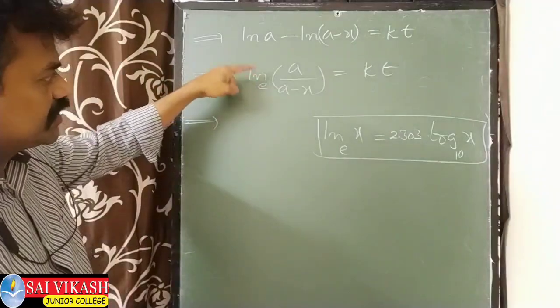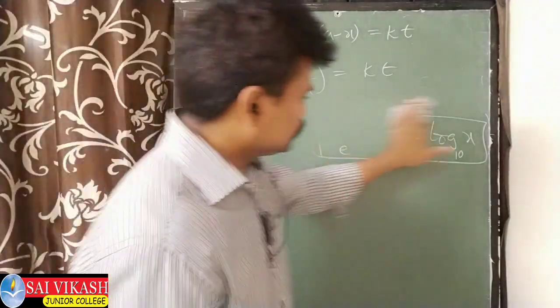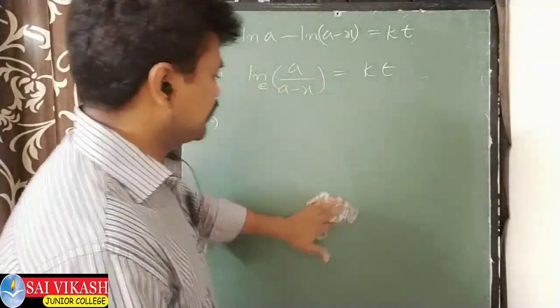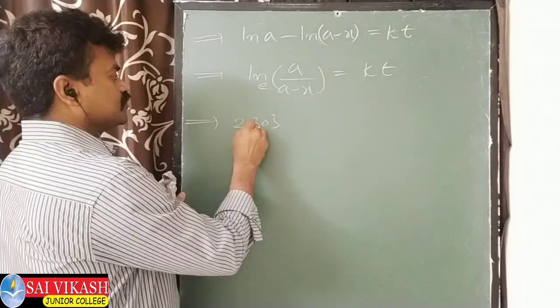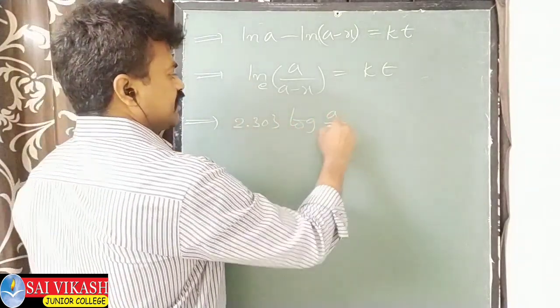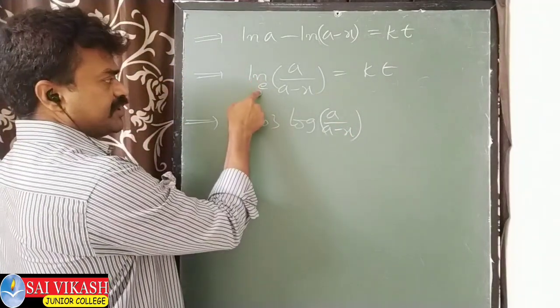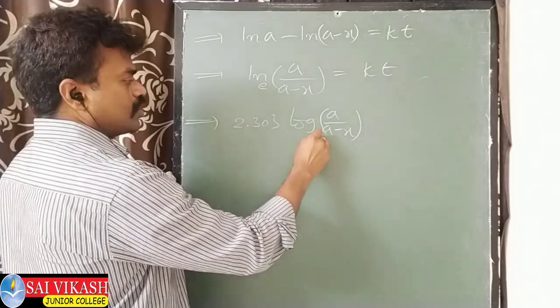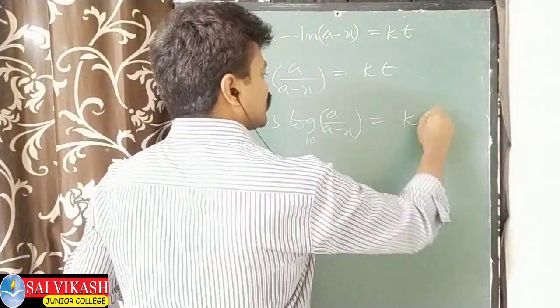Yes, we are doing the same here. I want this in log, so I am applying this formula here. See what I am getting. So 2.303 of log of a by (a minus x). Yes, ln to the base e I converted to log to the base 10 of a by (a minus x) is equal to k into t.